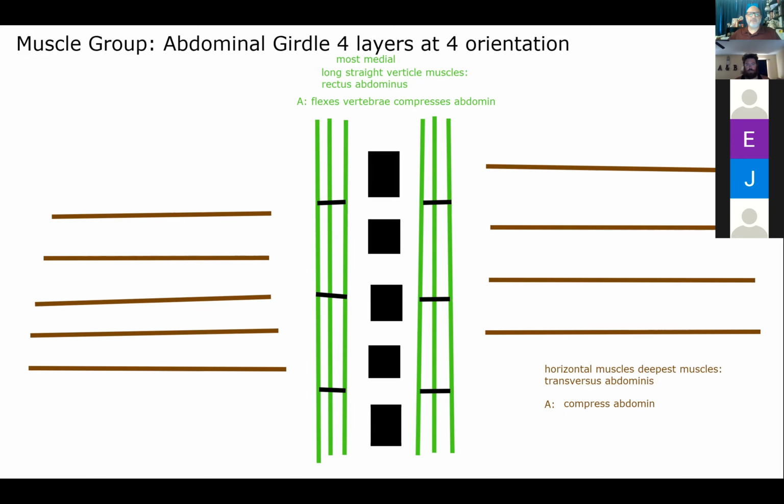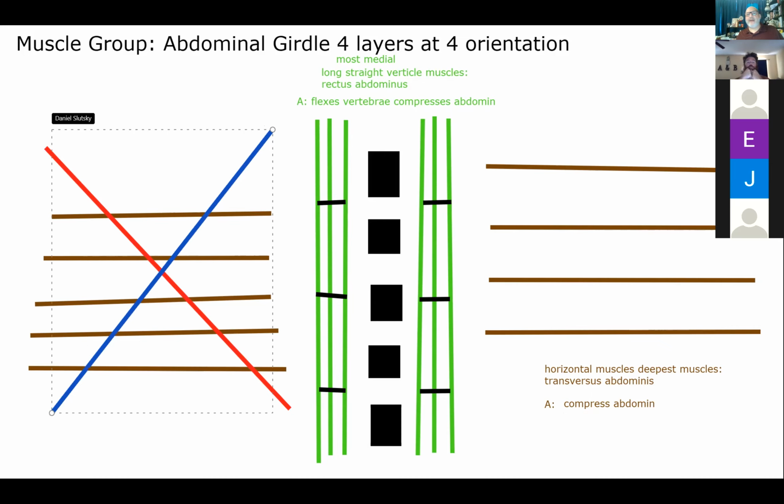Excellent. So we've got horizontal, we've got vertical, and we have angles. Angled muscles are easy because, since they're angled, we refer to them as internal and external oblique.